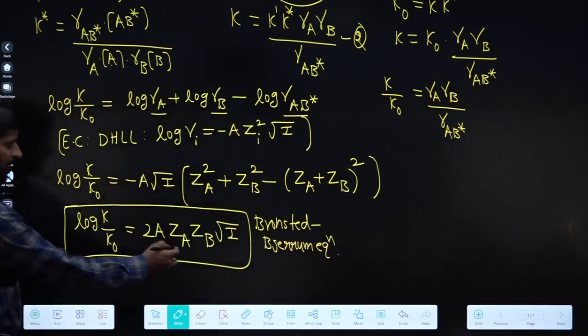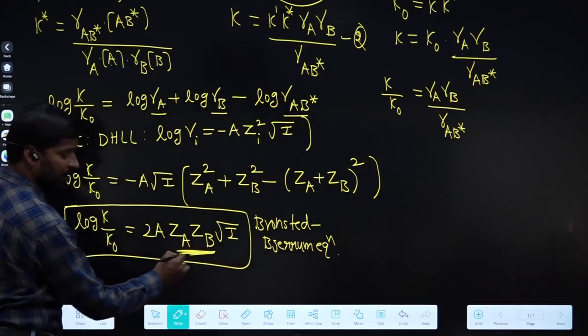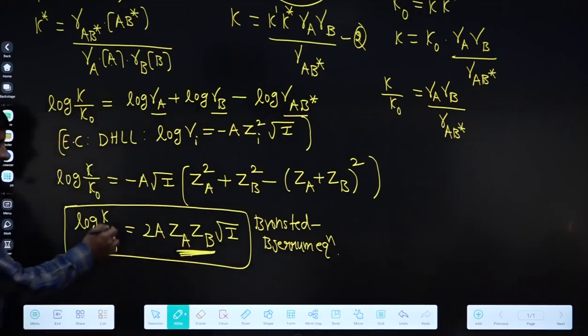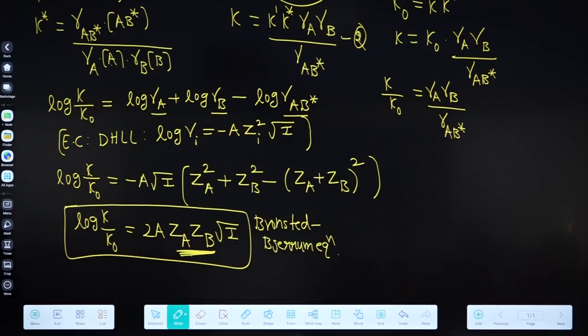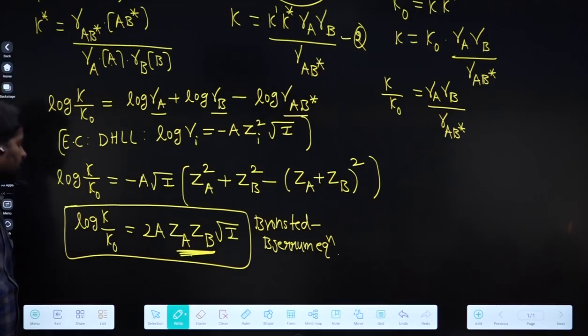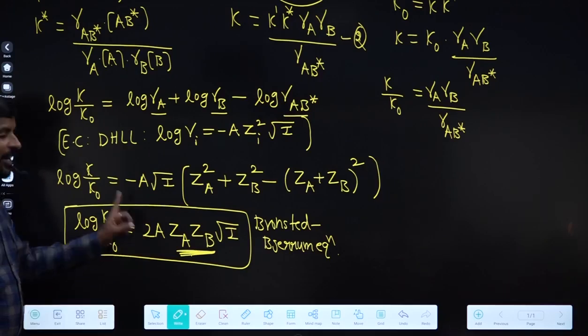This equation explains the effect of charges on the rate of reaction. How charges affect the rate of reaction, we can explain based on this equation. What is A here?